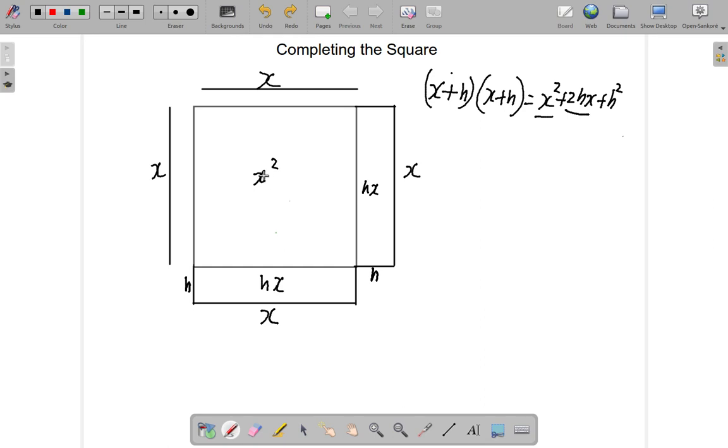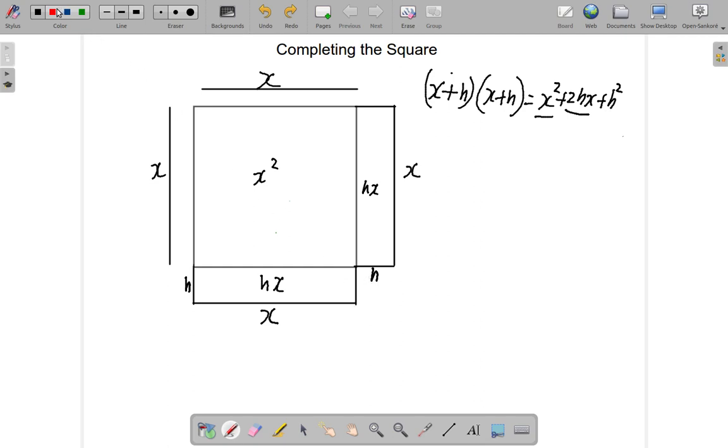So the area of this imperfect square that I have with the little square missing, this empty space, is x squared plus hx plus hx. This hx plus this hx give me 2hx. But then I need to add the h squared to make a perfect square.